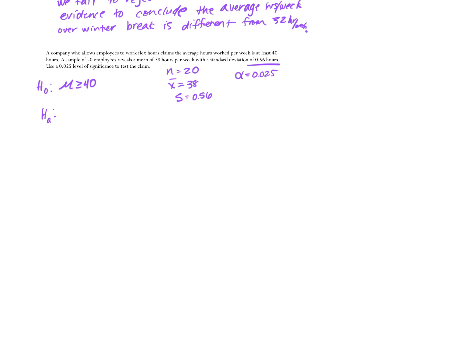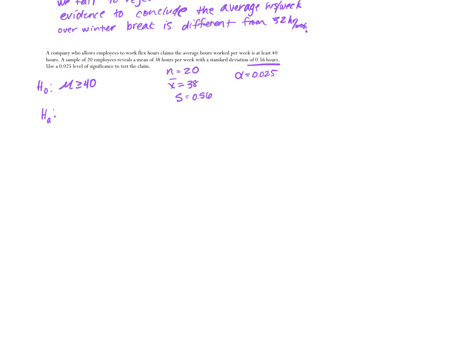That's the whole point of this, we're trying to decide, is it possible to rule out one of these? How do we know when to put it in the null? Because at least means greater than or equal to. Whichever of the hypotheses has the equal to sign is the one that goes in the null.